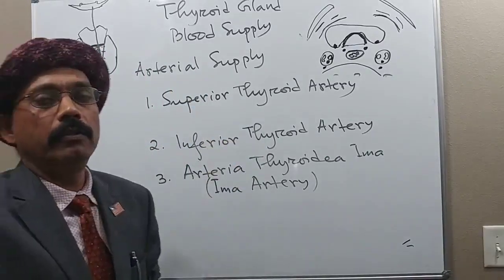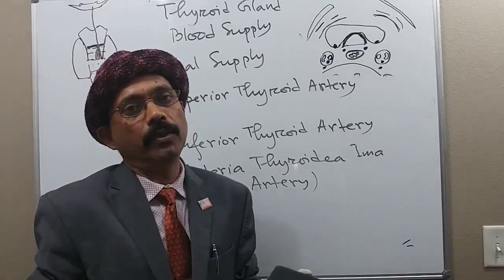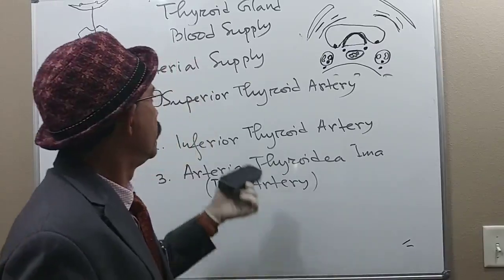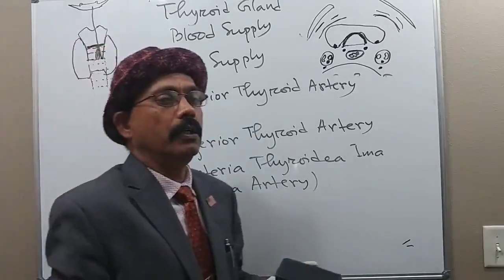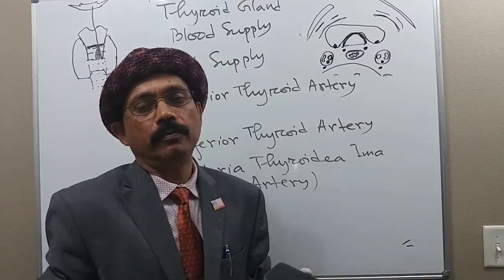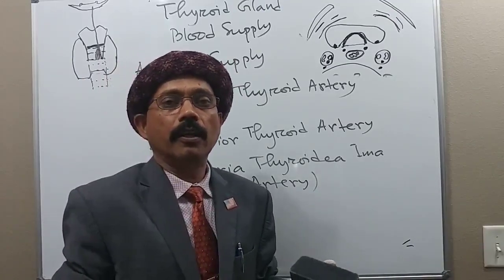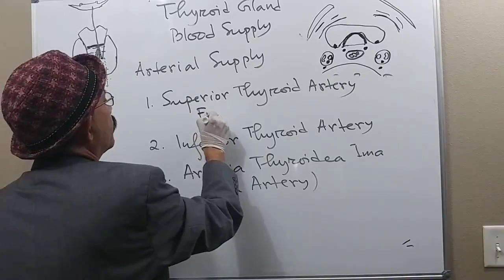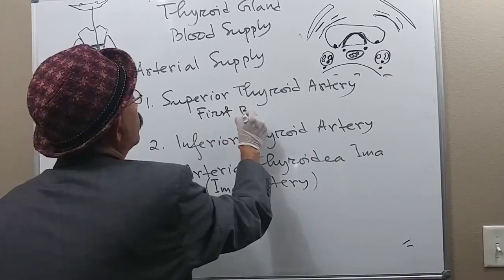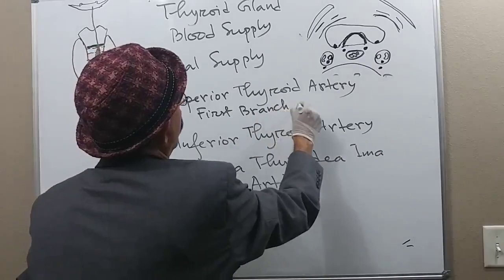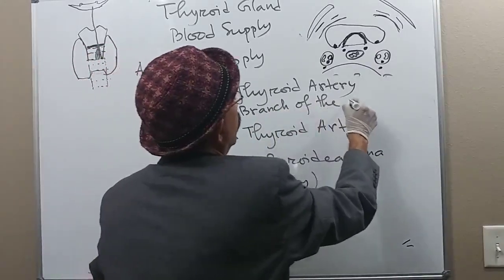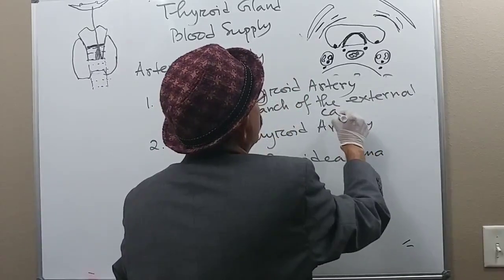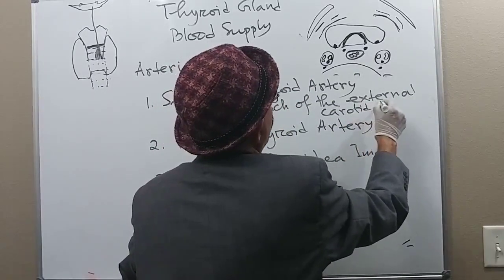The superior thyroid artery supplies the upper part of the thyroid gland. It is the first branch of the external carotid artery.